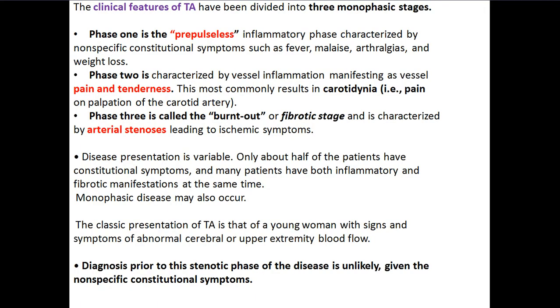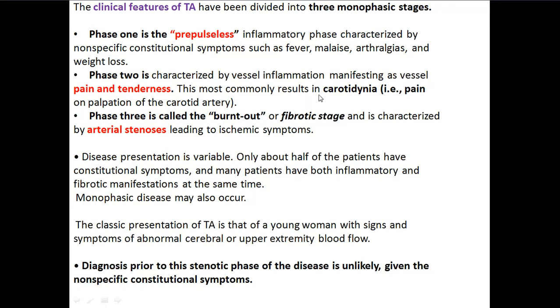So the clinical features: in phase 1, you will see the pre-pulseless inflammatory phase characterized by non-specific constitutional symptoms such as fever, malaise, arthralgia, and weight loss. Phase 2 is vessel inflammation manifesting as pain and tenderness, and most commonly results in carotidynia, that is pain on palpation of the carotid artery.